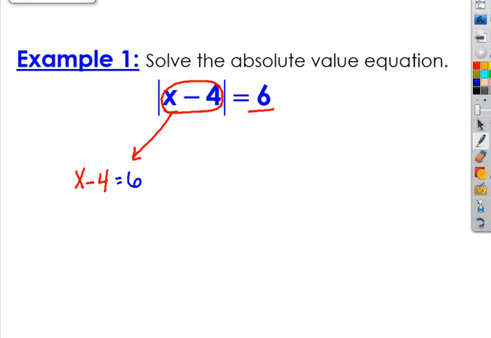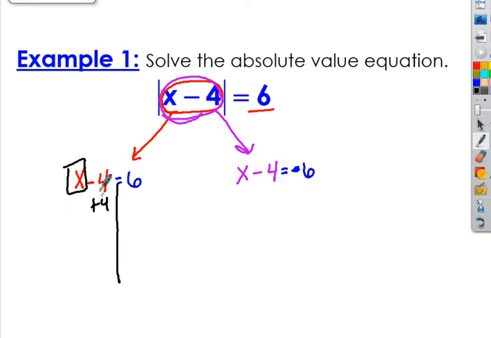Or that could be equal to -6. Because -6 is also 6 units away from 0 on the number line. So what you do is you set it up to the two different things it could be. This could be +6 in here, or this could be -6, and then you solve your equation. So if I'm solving this equation, I'm trying to get x by itself, so I'm going to move 4 to the other side.